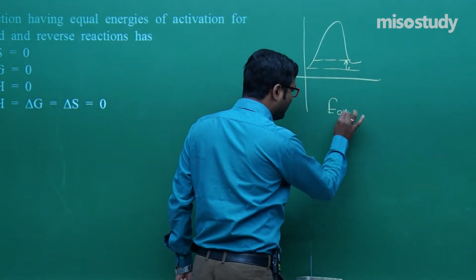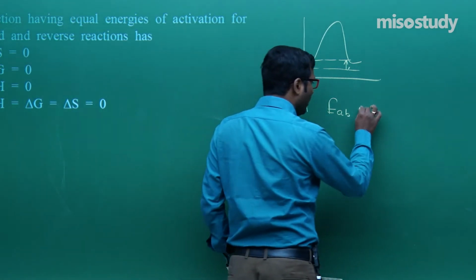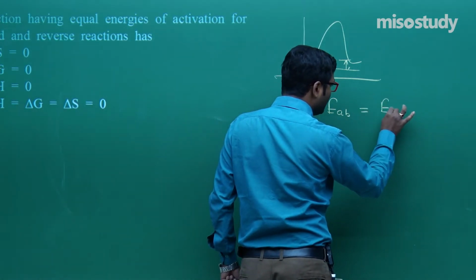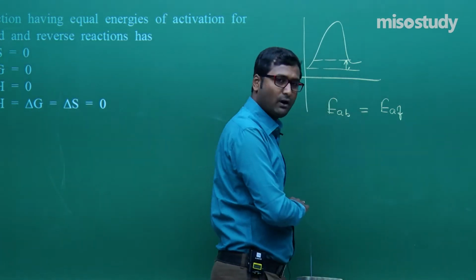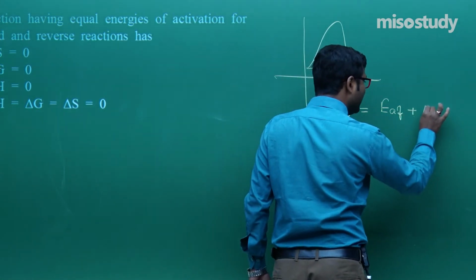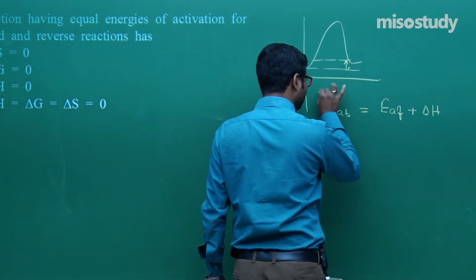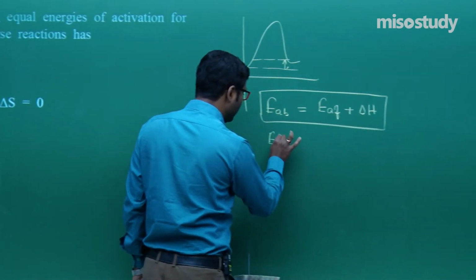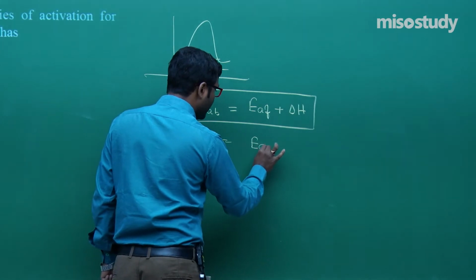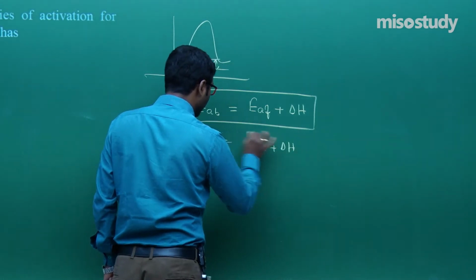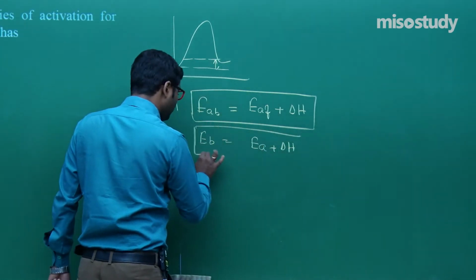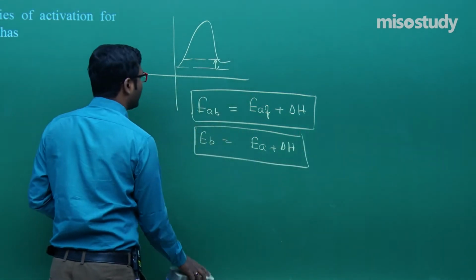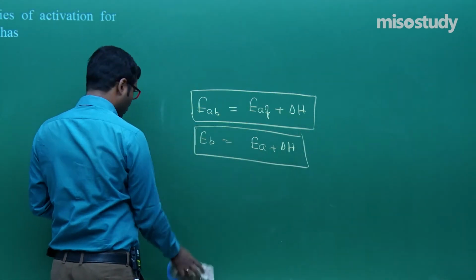Energy of activation of backward or reverse reaction is equal to energy of activation of forward reaction plus delta H. This is the relation in general terms. It can be written like this: EB is equal to EA plus delta H. So do not take lots of pressure, just use the formula.